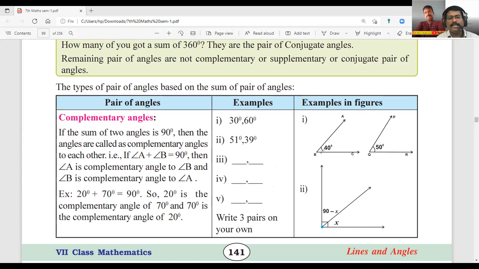So here angle ABC is equal to 40 degrees, angle PQR is equal to 50 degrees. Then we can call angle ABC, comma, angle PQR complementary angles. Okay, Rana? So write 3 pairs on your own. Okay, Rajesh, it is done. As usual, you know very well.